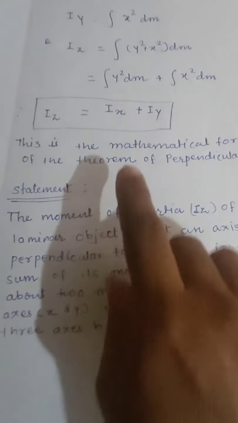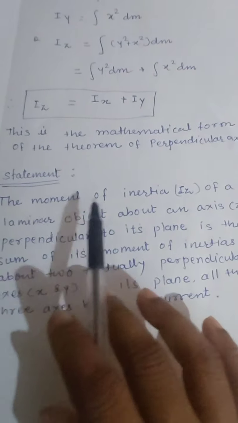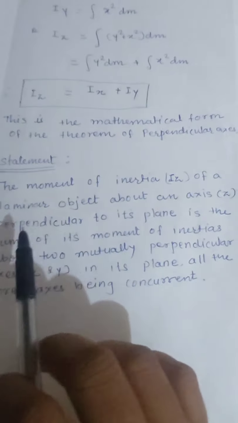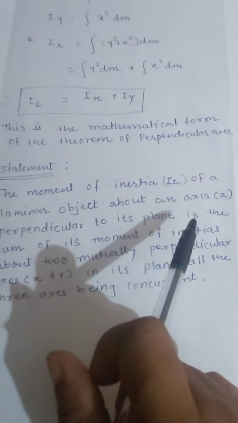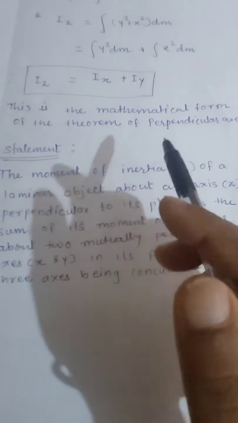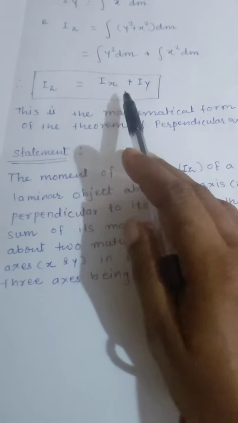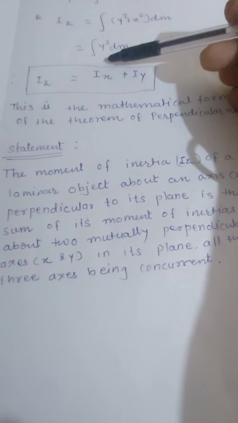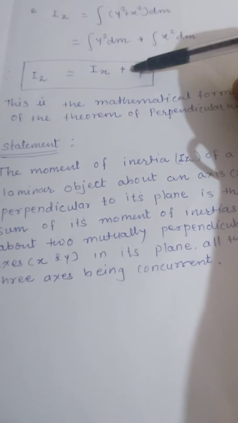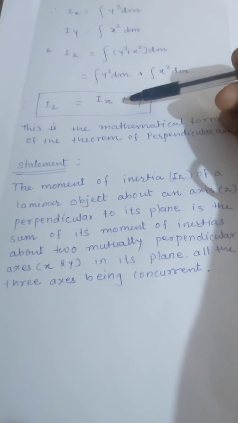From this we can formulate one statement. The moment of inertia of a laminar object about an axis z, which is perpendicular to its plane, is the sum of its moments of inertia about two mutually perpendicular axes in its plane, all the three axes being concurrent.